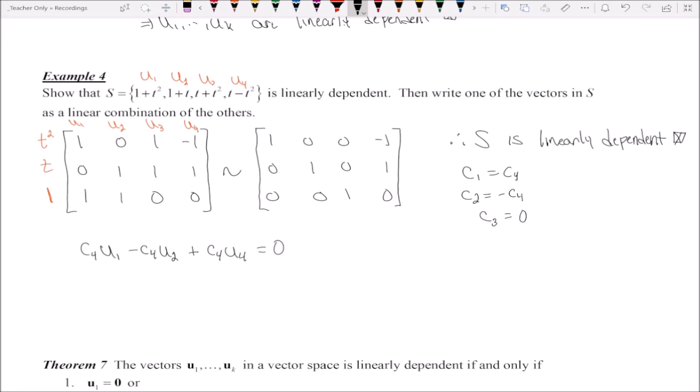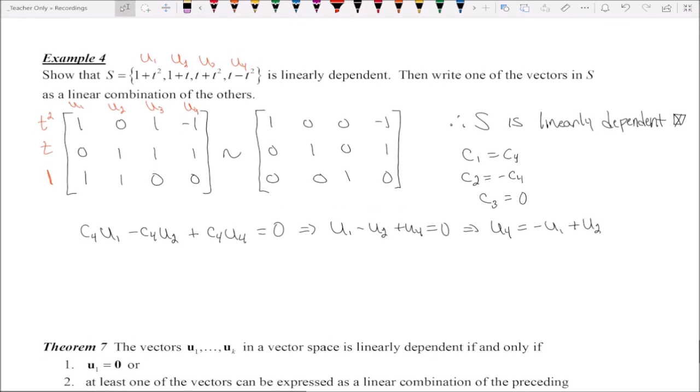Right, if we set C4 equal to 1, we will get that U1 minus U2 plus U4 is 0. Right, so U4 is negative U1 plus U2.